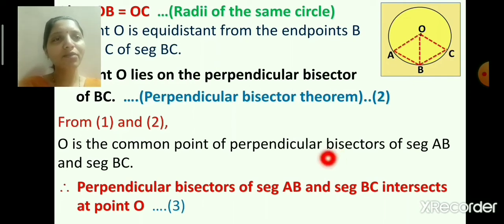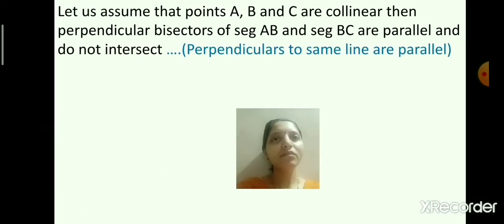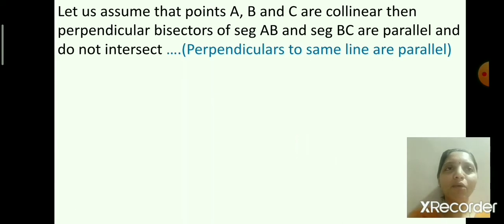Now this statement is very important. What is it? Perpendicular bisectors of seg AB and seg BC intersect at point O. Okay, remember this statement. Now let us assume that points A, B and C are collinear. Then what can you write?